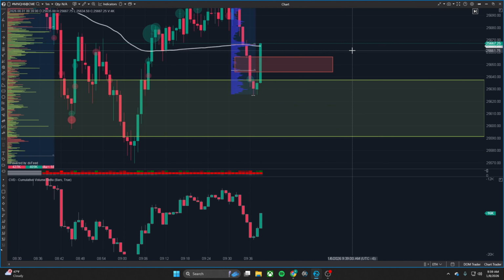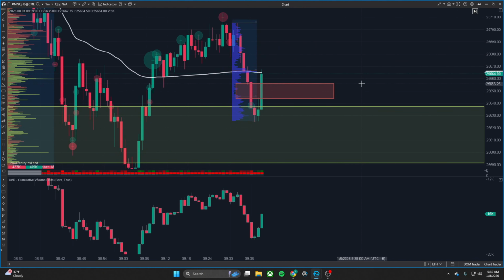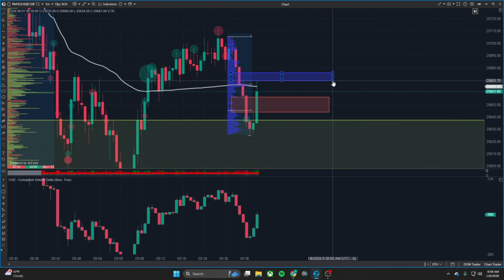Yep, buyers are getting some power now. We could have maybe taken a long, but yeah, another low volume node here I was going to mark out.